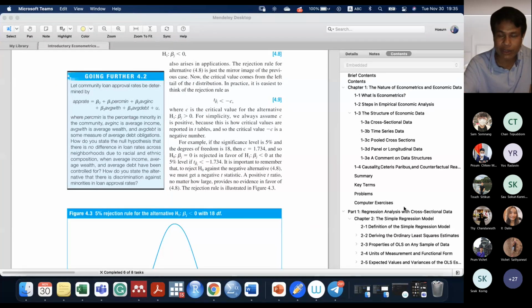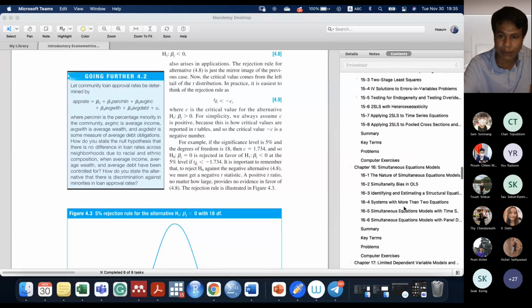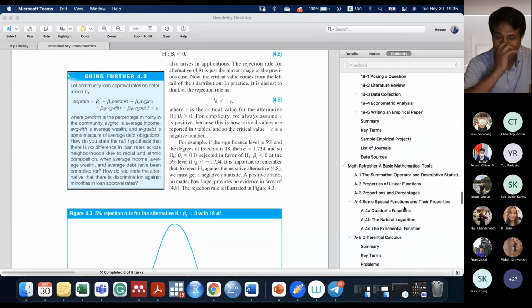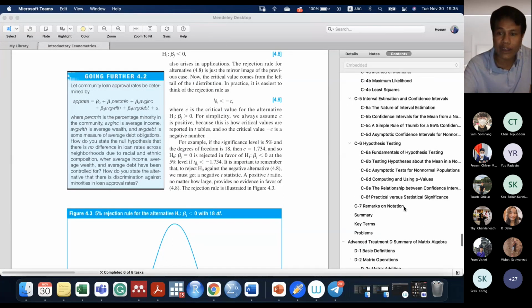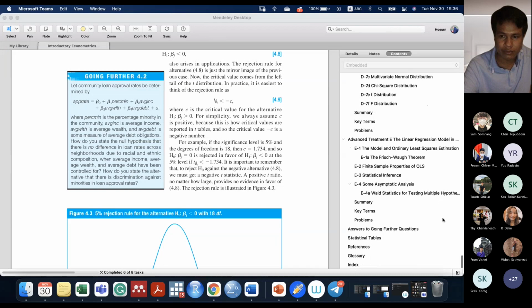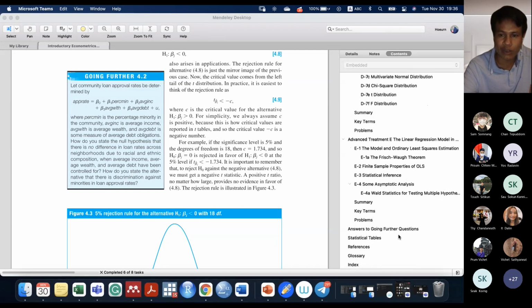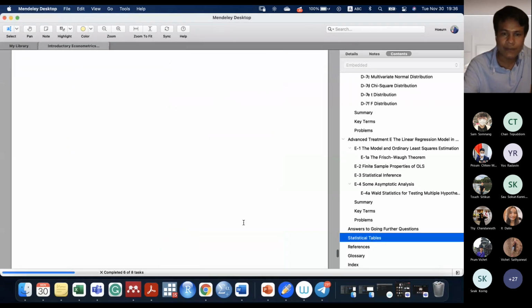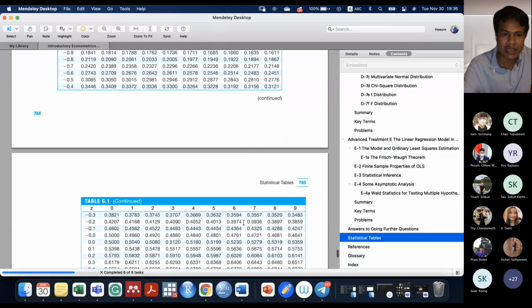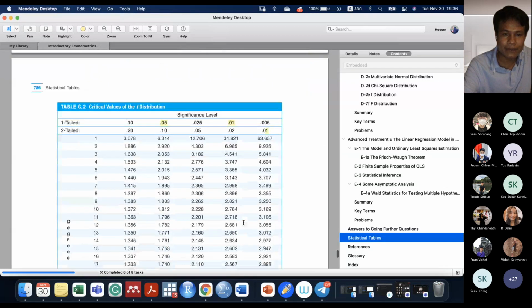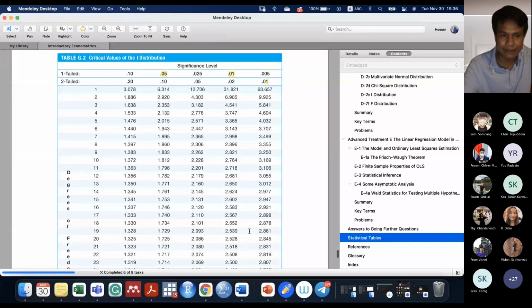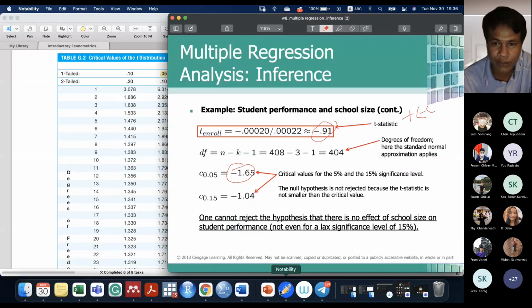Now you have to go back to the table. We call it the t distribution table, but we want to find the critical value, not the t statistic. Come here and then you find this table. Here we use one tail. If you look at our example, we use one tail.